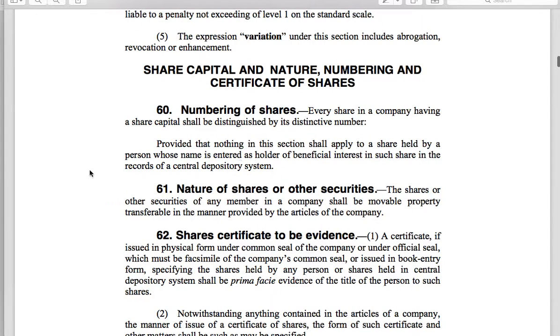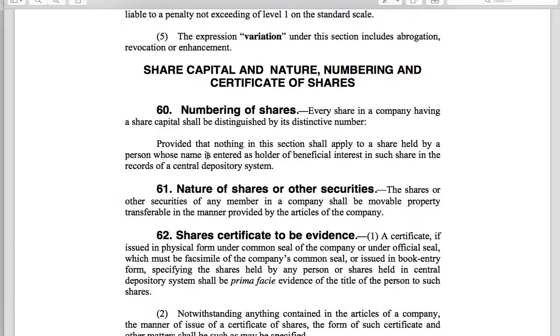every share in a company having share capital be distinguished, provided that nothing in the section applies to a share held by a person whose name is entered as holder of beneficial interest in such share in the records of the central depository. Now, beneficial ownership, you have to disclose who is a beneficial owner, and section 60A says that now companies cannot issue bearer shares or warrants.